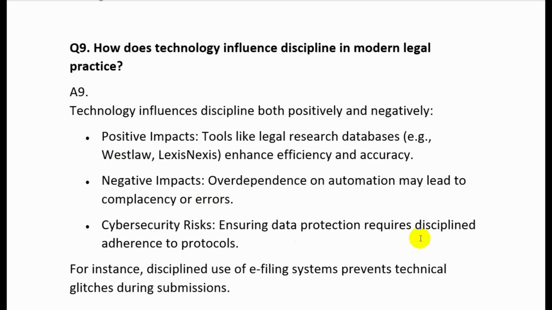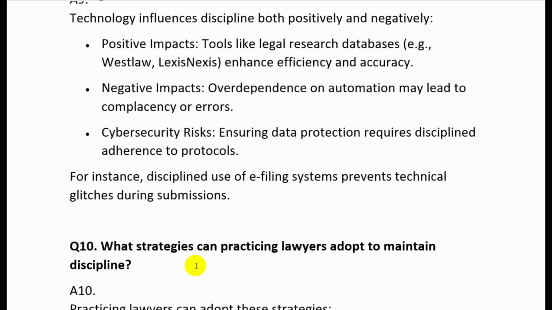Ensuring data protection requires disciplined adherence to protocols, which is very, very important, the third one, because the client is trusting us with their documents, and if it is leaked, somehow it is hacked, the computer is hacked, that could compromise the data integrity of the client's document. For instance, disciplined use of e-filing systems prevents technical glitches during submissions.